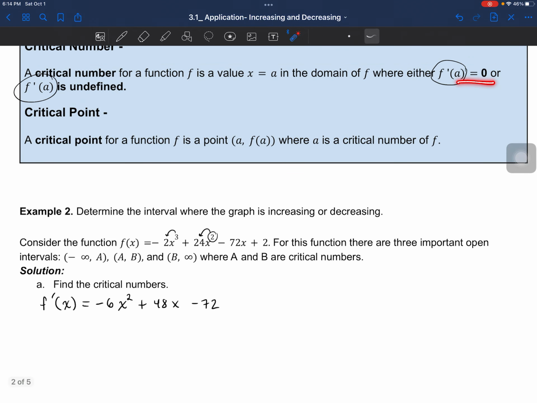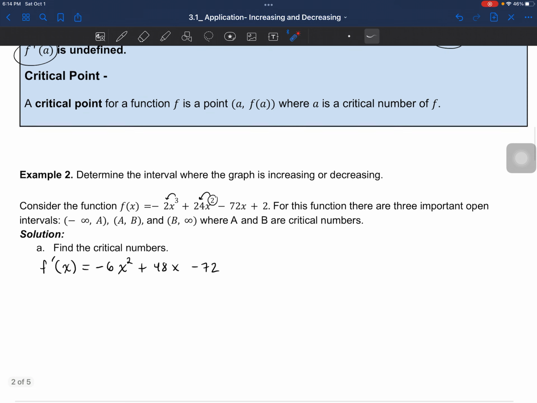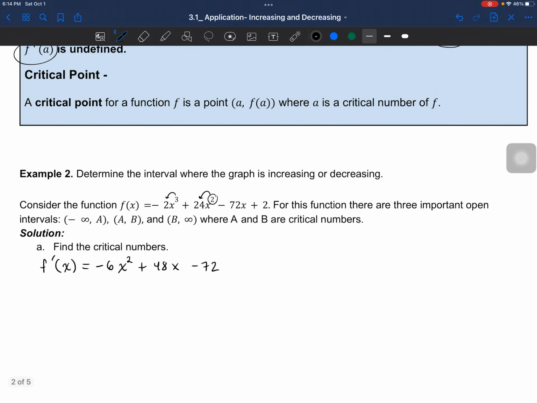In order for us to find whenever this is going to be 0 or undefined, the best way to do this is by factoring. Factor as much as you can. In this case, we can see that negative 6 is a common factor in all three terms.